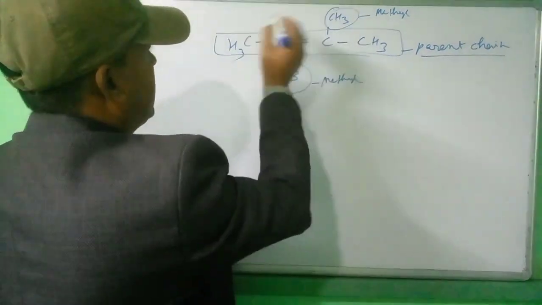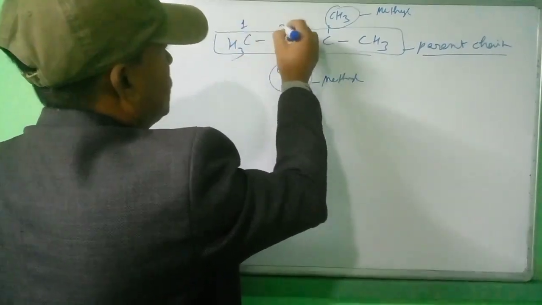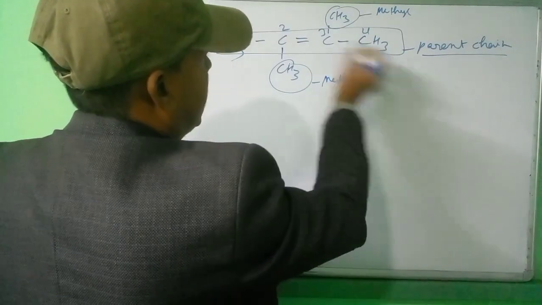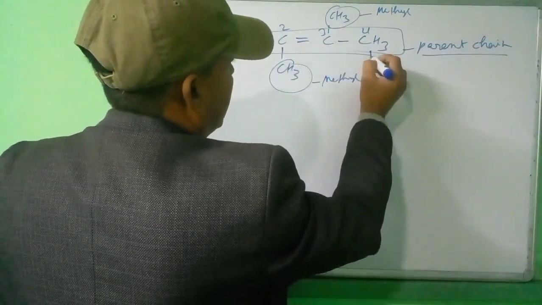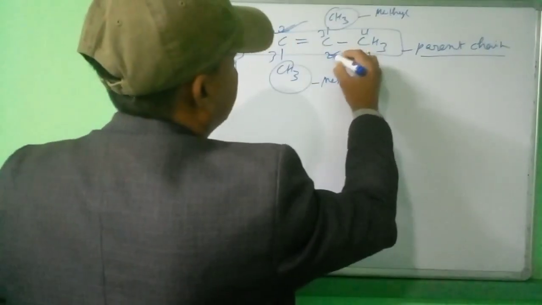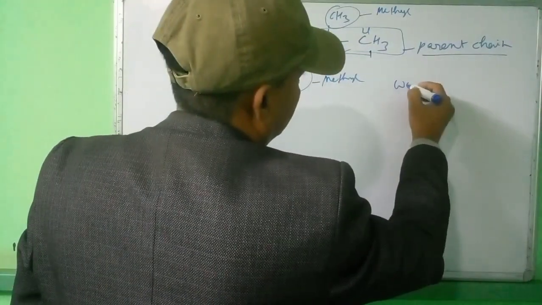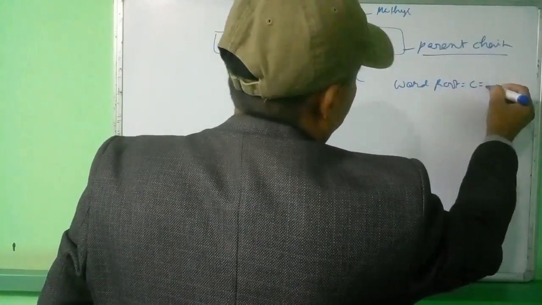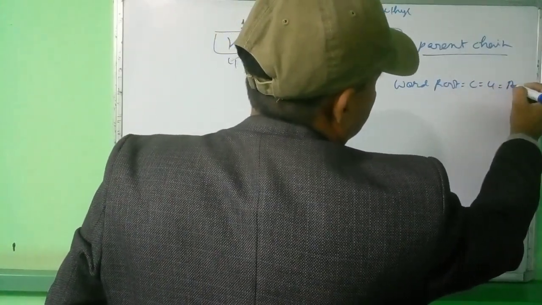Numbering the carbon atoms 1, 2, 3, 4. Right to left is also the same, 1, 2, 3, 4, so the double bond is on the second carbon either way. Now what is the word root? Carbon equals 4, so but is the word root.